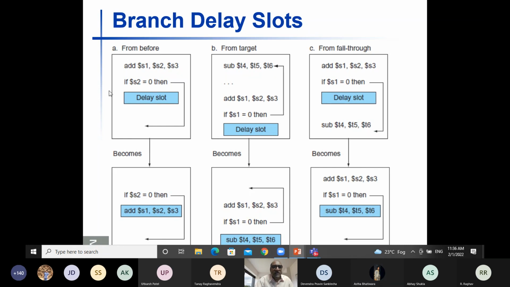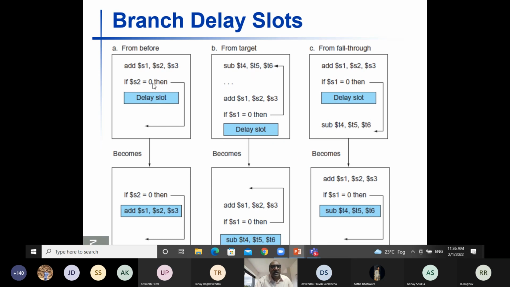But here we need not flush at all, because the immediate instruction has no harm whether the branch is taken or not taken. It is a kind of neutral instruction, which is not biased and does not reflect any change with branching or not branching. Such instructions you can place soon after the branch condition.